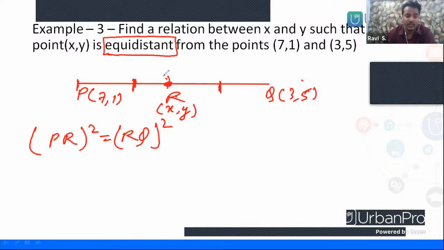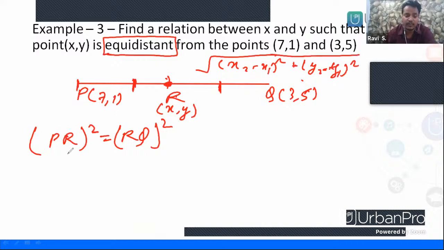In the distance formula, we have x2 minus x1 square, and again y2 minus y1 square. If I square both sides, this will remove the square root, correct? So it will become simpler for you to do.